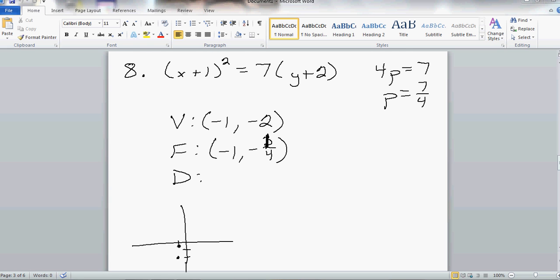So that will put my focus right there. My directrix, I have to move down 7/4 from negative 1, negative 2. So that will become negative 15/4, which is almost negative 4, almost.